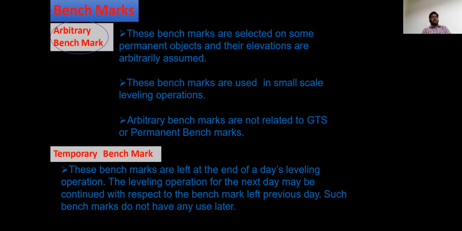So for small types of areas, if you want to take elevations, we can assume these types of arbitrary benchmarks. These arbitrary benchmarks are not related to the GTS or permanent benchmark.